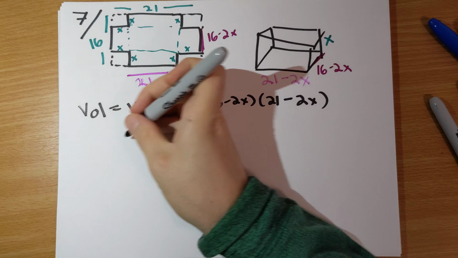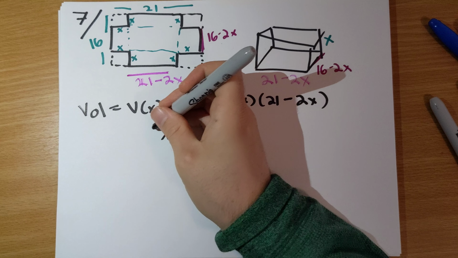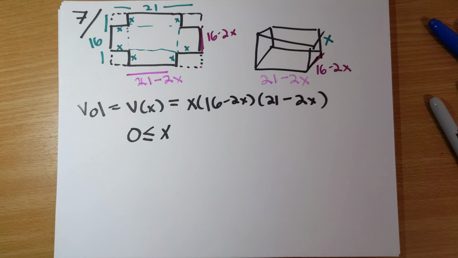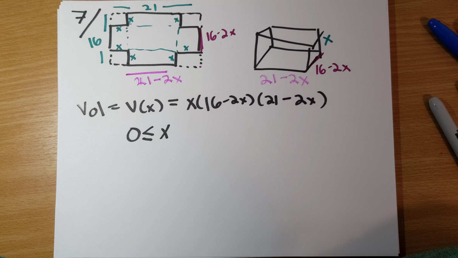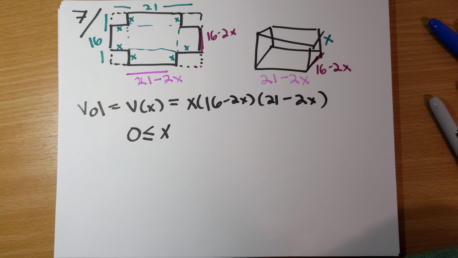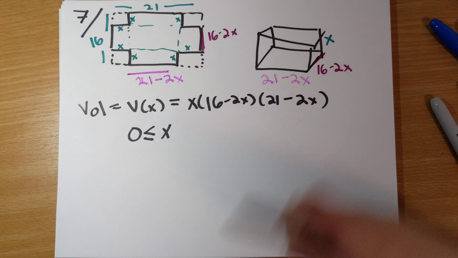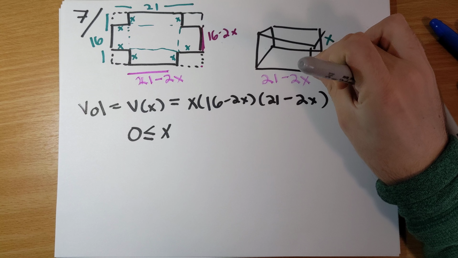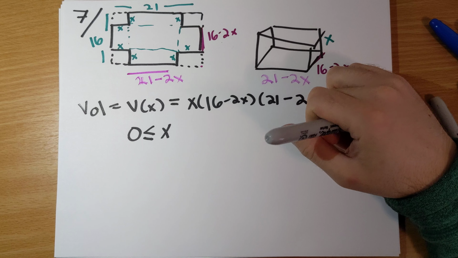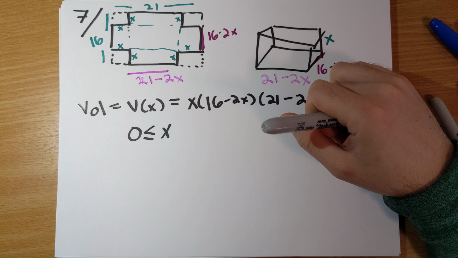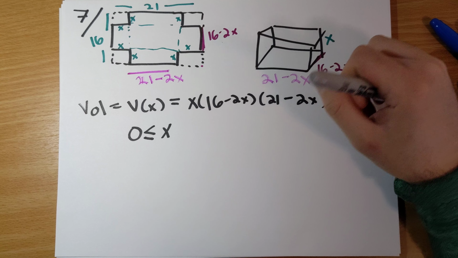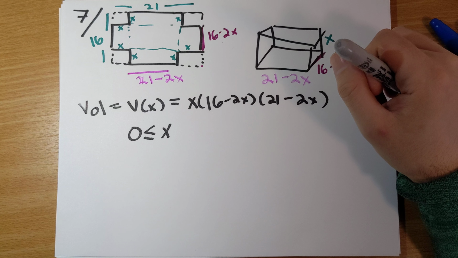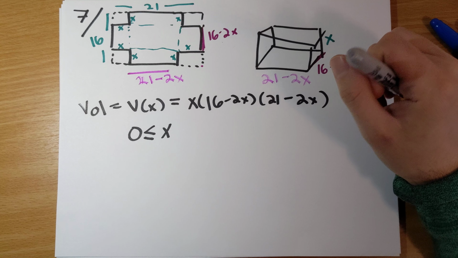The first thing is that the smallest x can be is 0. x can't be negative. We can't cut out a negative amount of material. And you could even argue that we shouldn't be allowed to set x equal to 0, because that would be cutting nothing, which would correspond to a box that has no height and volume 0. It's easiest to just say that x can be 0, and that's the degenerate solution that will give us a minimum volume of 0.